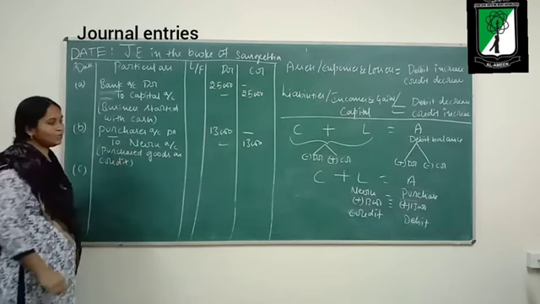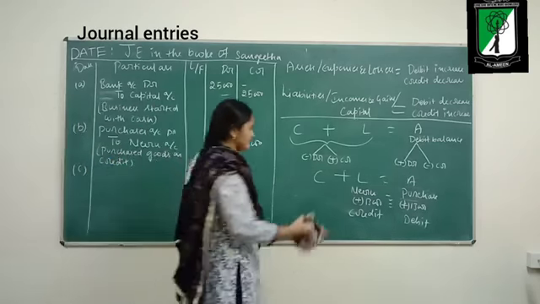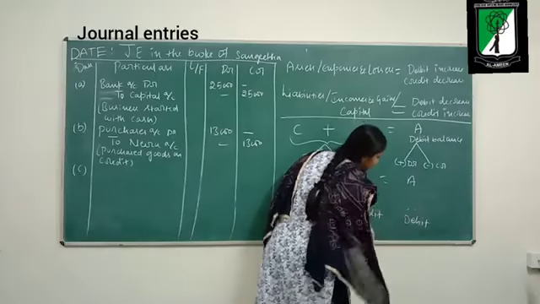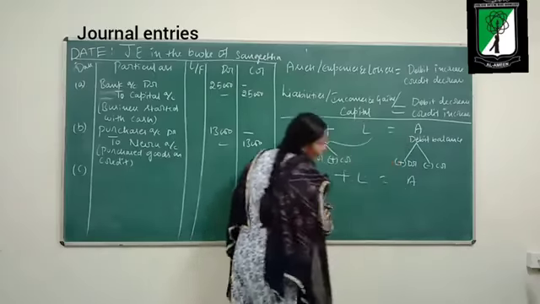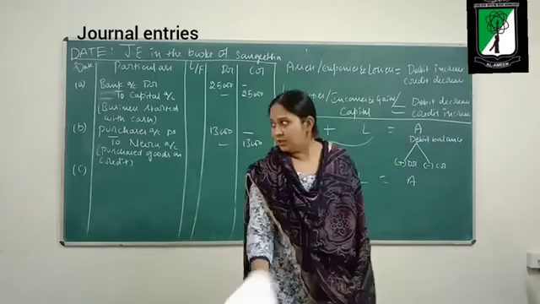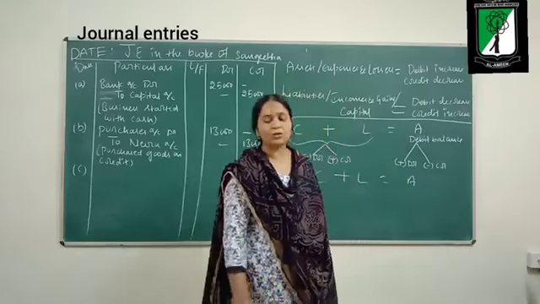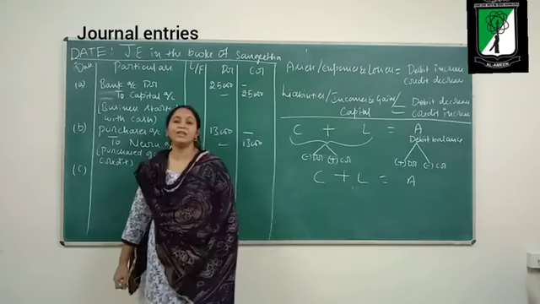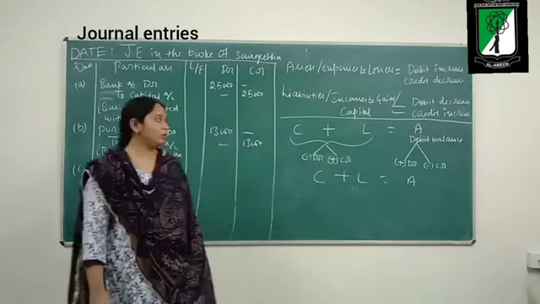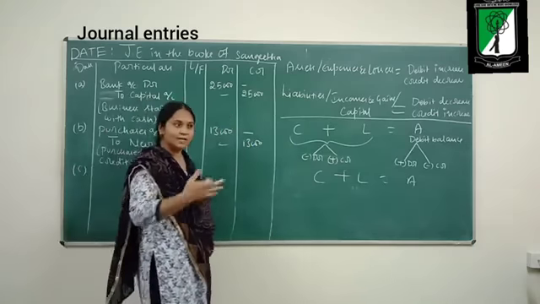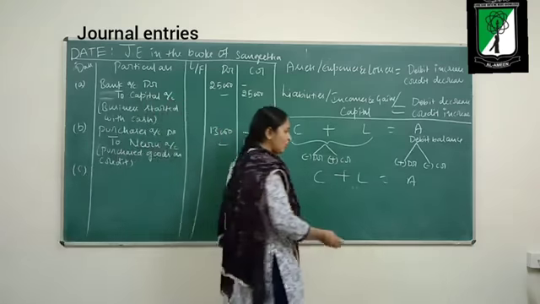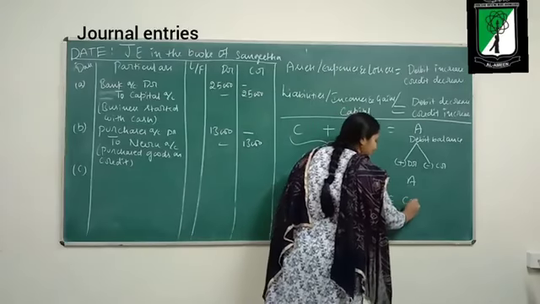Now moving on to the third journal entry, the third transaction. The third transaction is sold goods for cash rupees 14,000. Business has sold goods. So my cash is increasing.